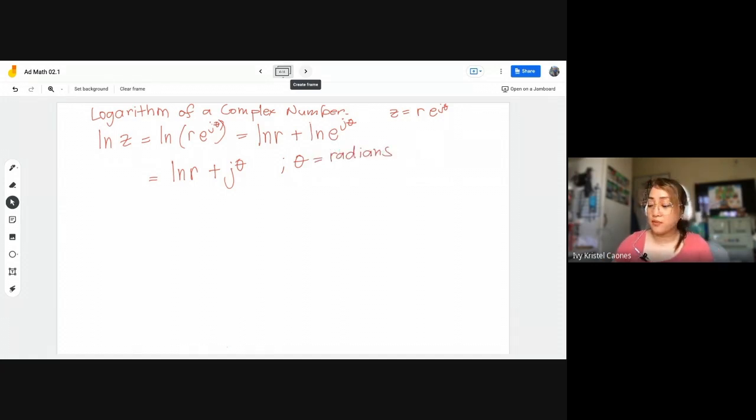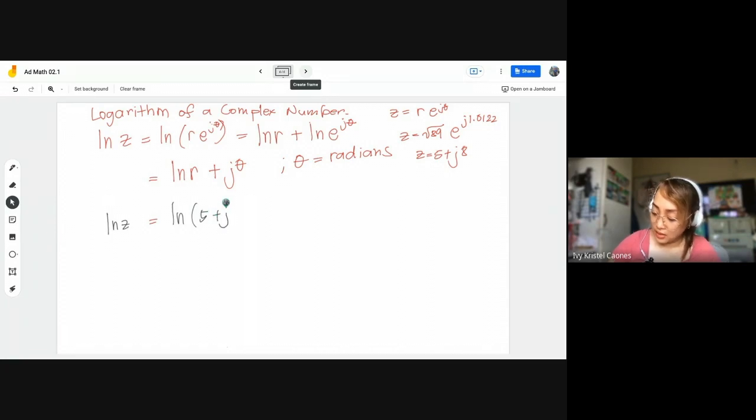So if we have the example before, z is equal to square root of 89 e to the j 1.0122. Okay? So that means this is from z equals 5 plus j8. So ln z is equal to ln of 5 plus j8.